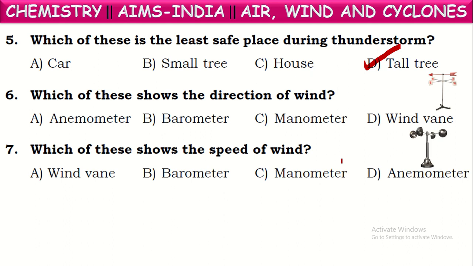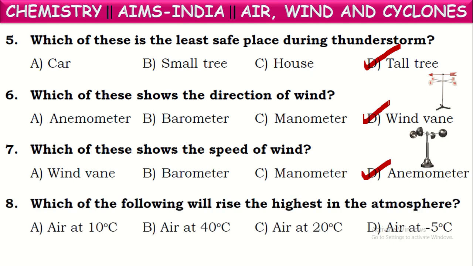By using an instrument like this, we can find the speed of the wind in a particular place. The wind vane is used to detect the direction of the wind, and the anemometer is used to identify the speed of the wind in a particular place.